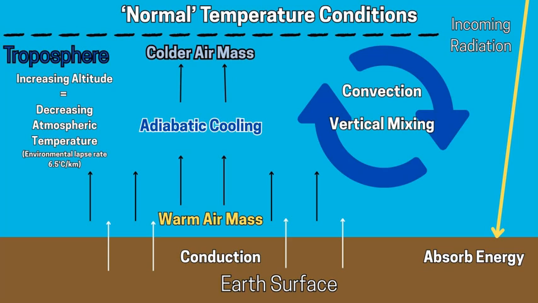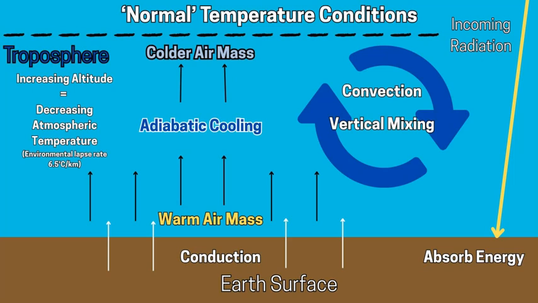So what normally happens is you have radiation arriving from the sun through space, through our atmosphere, and a portion of that energy is absorbed by the Earth's surface, whether the ocean or land, and that heats up the surface. We have conduction, with the air mass touching the surface conducting the energy from the surface into the bottom layer of the atmosphere, the bottom of the troposphere, and this is going to cause convection.